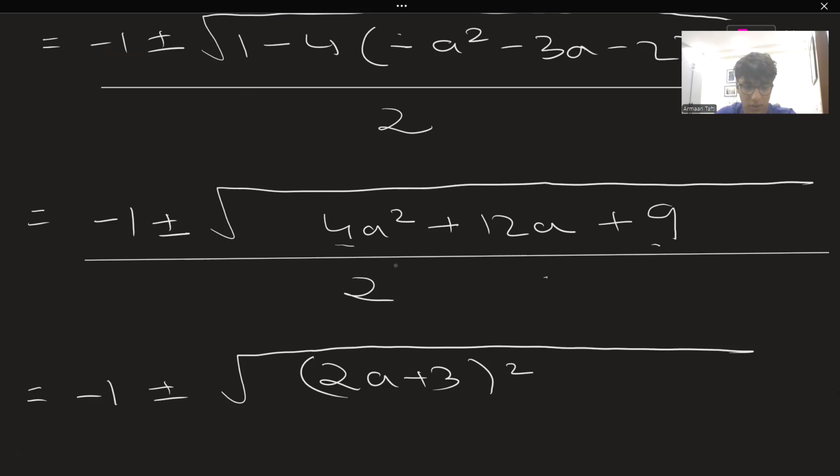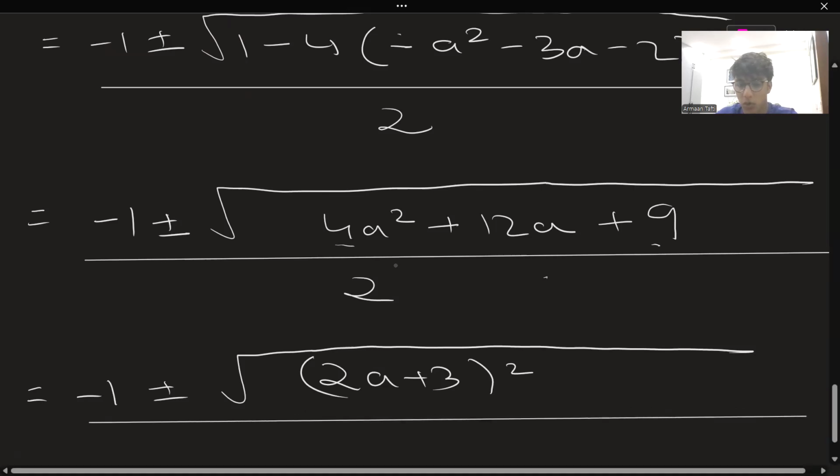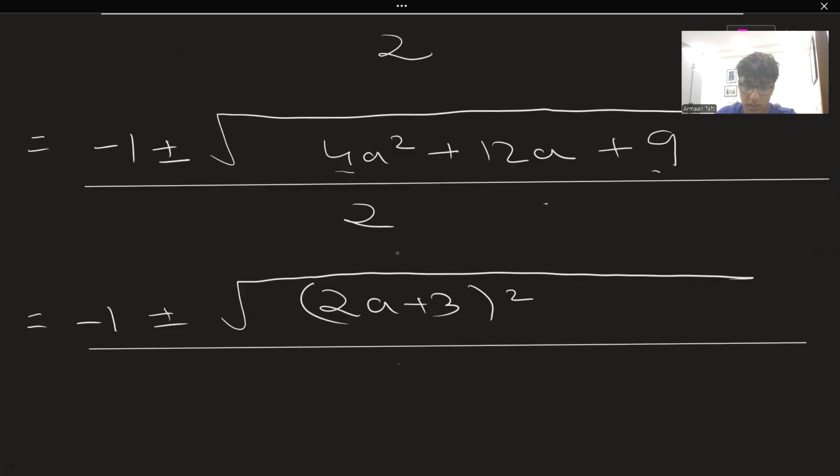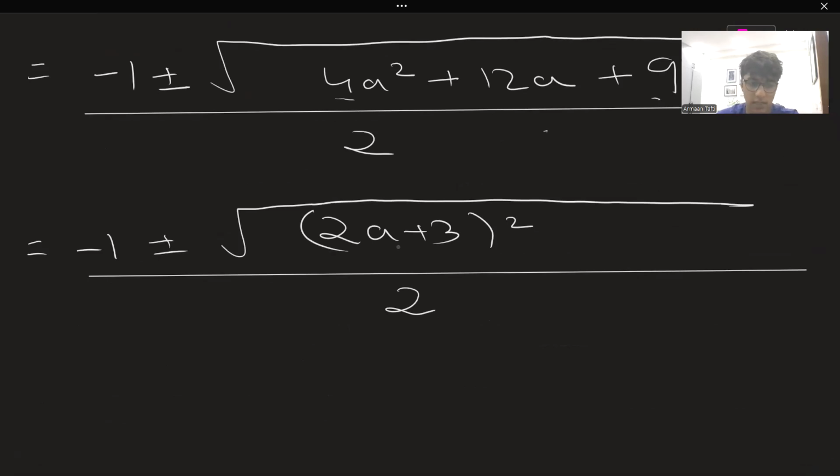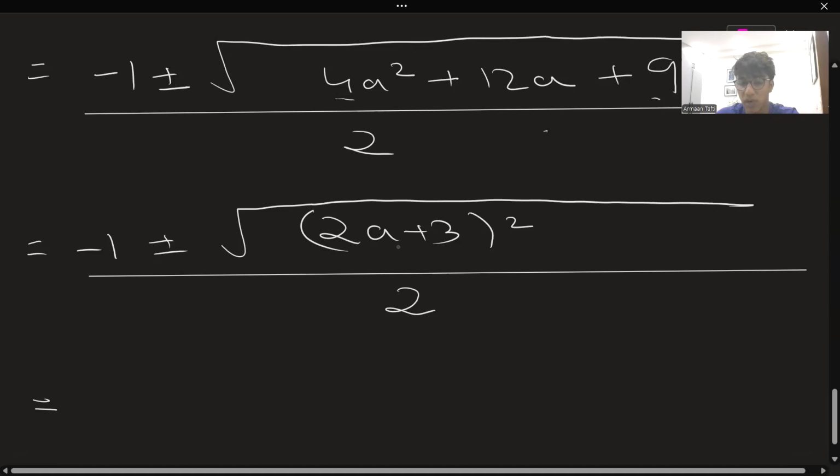This is the sort of thing you're supposed to identify in the blink of a second. If you're having trouble with this, you should go back to last year and solve last year's questions, because you need to be fast at calculations. They made the math paper 3 hours, but trust me, it's even more lengthy now and it's really difficult to complete it on time.